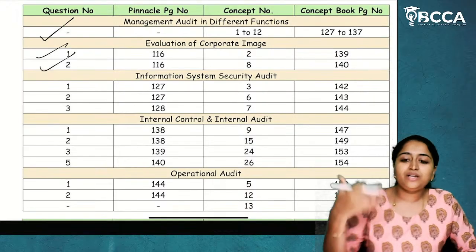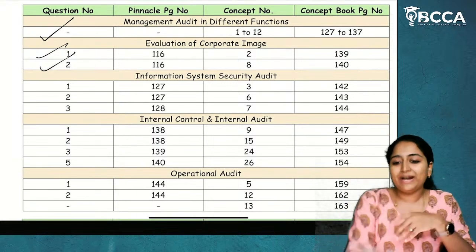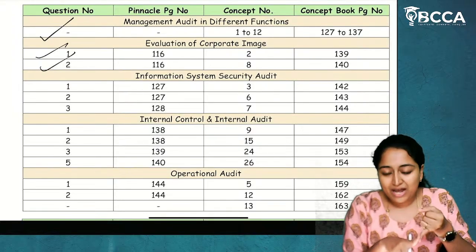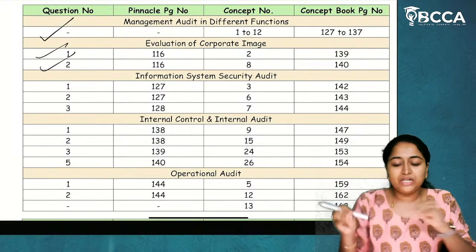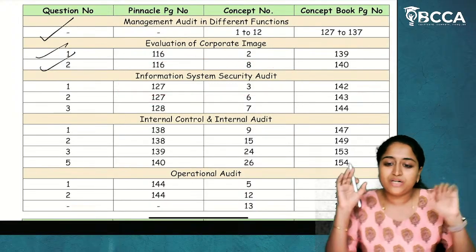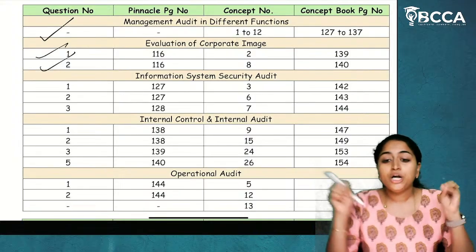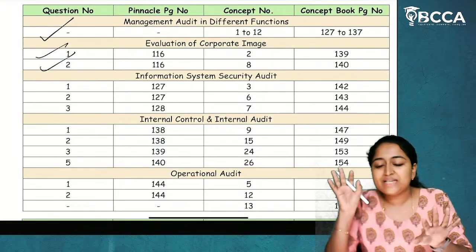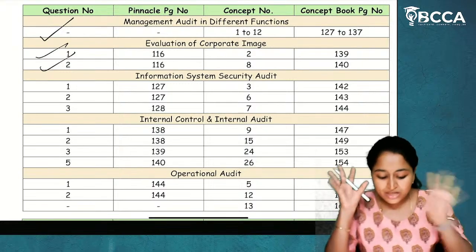Similarly, if we are storing information in a system, how do we provide security, how safely are we trying to safeguard it, so that there will be no malware attacks, no virus attacks, no hacking. Regarding these terms, we will learn more in this unit called information system security audit. How well the organization is providing security to its information system and safeguarding the data inside the system: evaluation of that is called information system security audit.